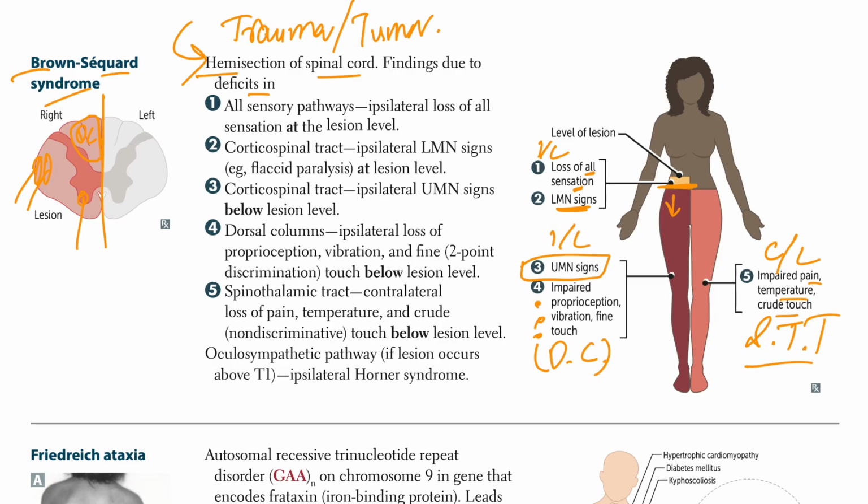It decussates right at that time. Well, the dorsal column doesn't decussate till it reaches, I believe, the medulla. It decussates in the medulla, so it goes ipsilaterally, decussates in the medulla, and goes all the way. But the spinothalamic tract decussates at the level it enters.